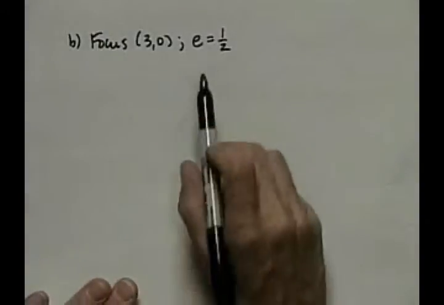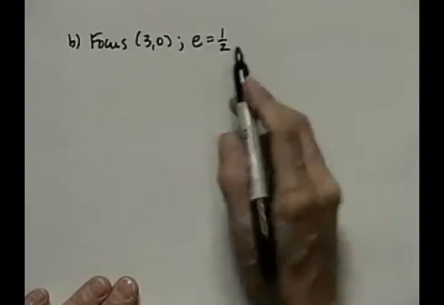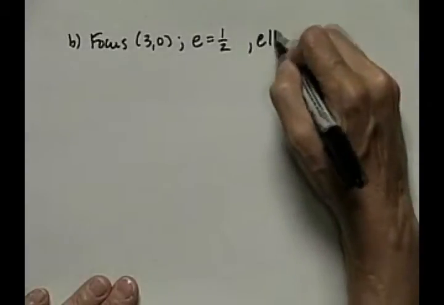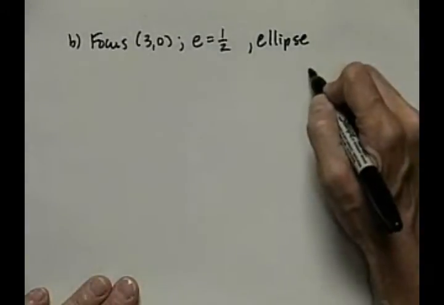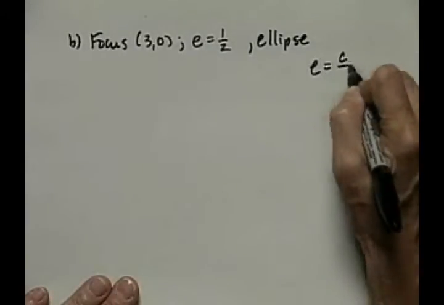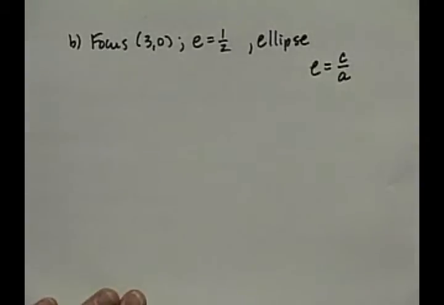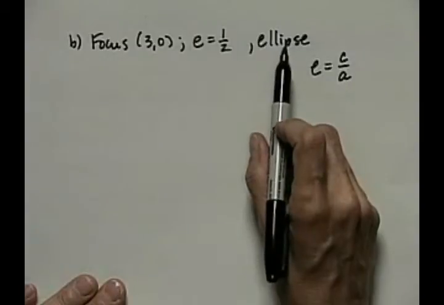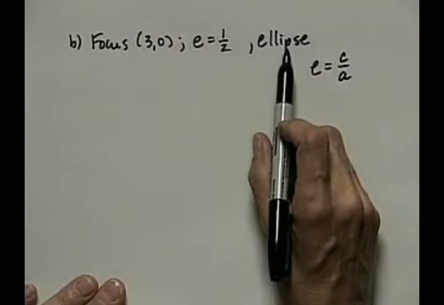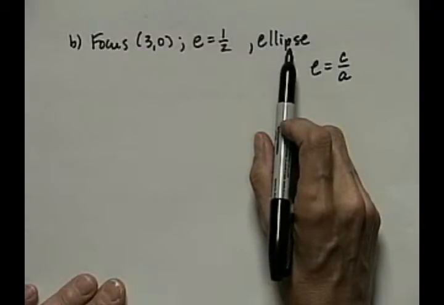Well, let's try another. In this particular case, the eccentricity of the conic is 1/2. That means we have to be working with an ellipse, eccentricity between 0 and 1. And keep in mind that the eccentricity is the ratio c to a. As indicated in the instructions for the problem, if we have an ellipse, the center is the origin.